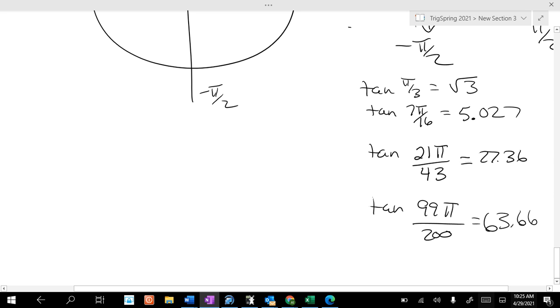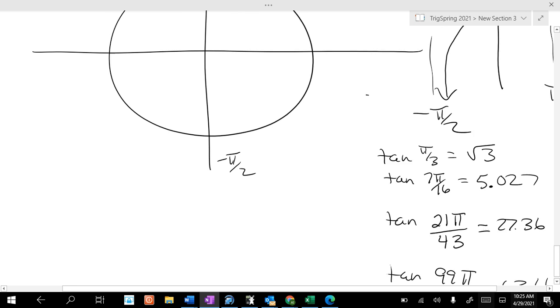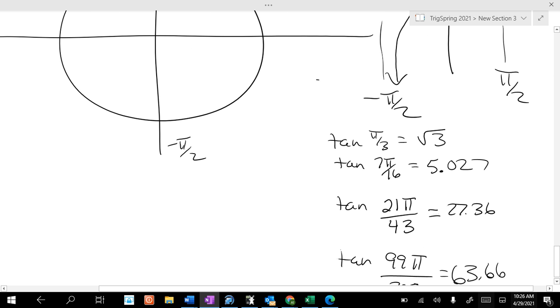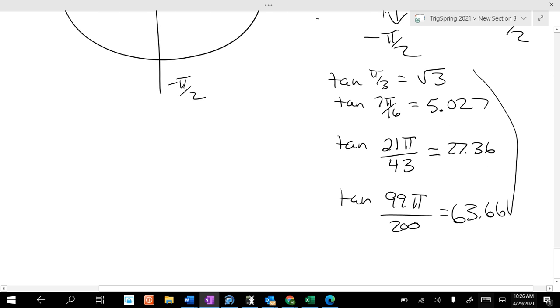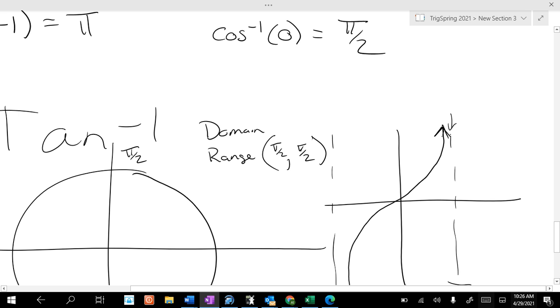63.66. So what are you noticing as the closer we get to pi over 2? Because we said pi over 2 is undefined. So really, our range is not this. Our range is this. We need parentheses because it cannot equal that. What is happening to these numbers as we get closer and closer to pi over 2? They're getting bigger. How much bigger? Where is this line going towards? Infinity.